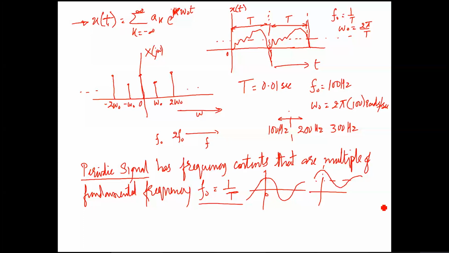And even DC is a multiple of the fundamental frequency. You can say it is basically the zeroth harmonic. And then we have the first harmonic, second, third, fourth, and we can keep going on. So how many harmonics can we have inside any periodic signal? That actually depends on the shape and form of that periodic signal.